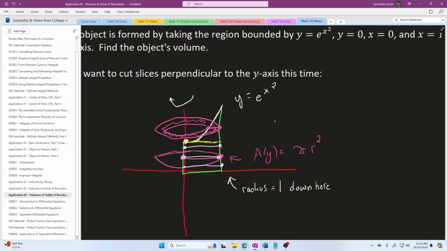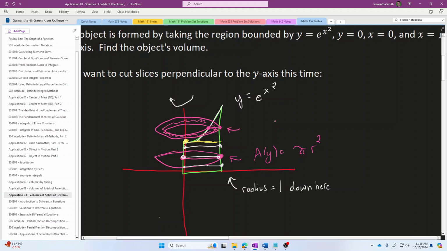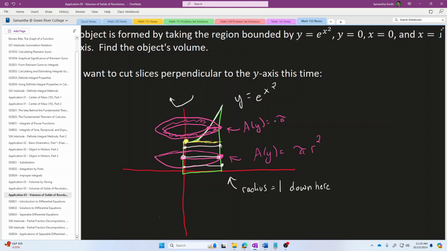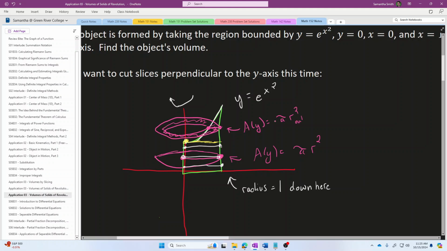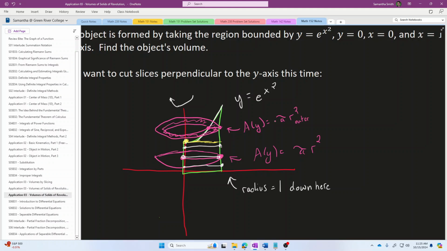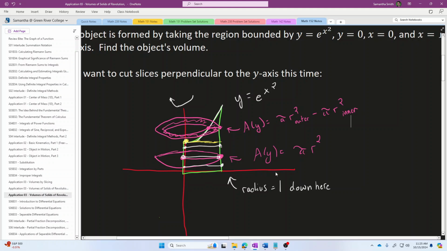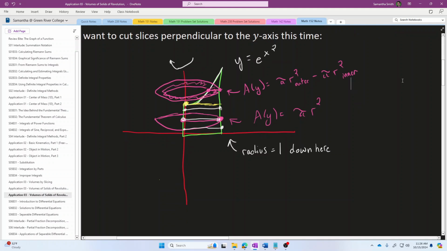And because what is being formed up here is a ring, the area of a slice taken at that y value would have to be formed by doing the area of the outer disk, pi times the outer radius squared, minus pi times the inner radius squared. And so we can see that sort of halfway through the region, the nature of the area function changes dramatically.